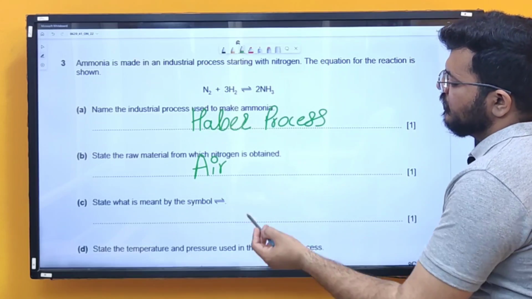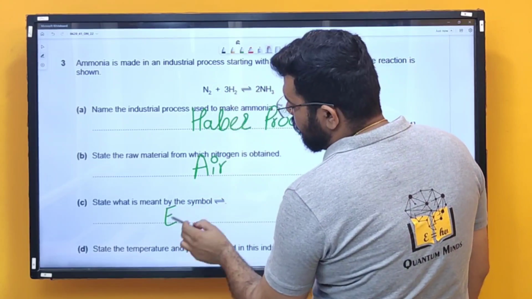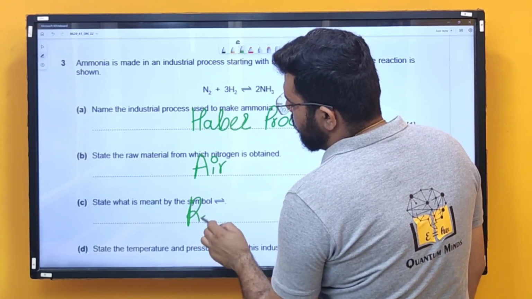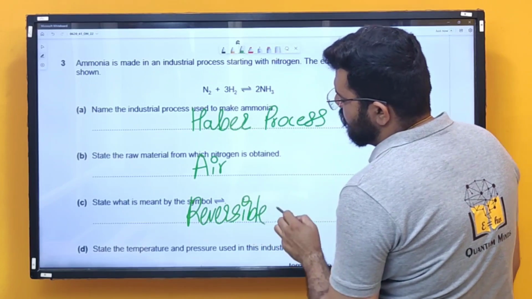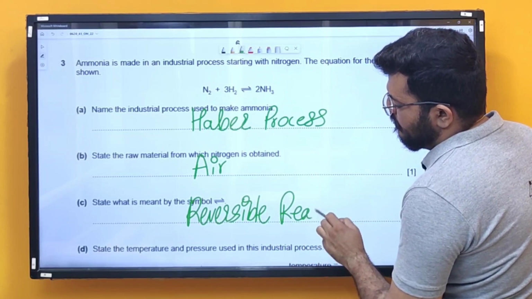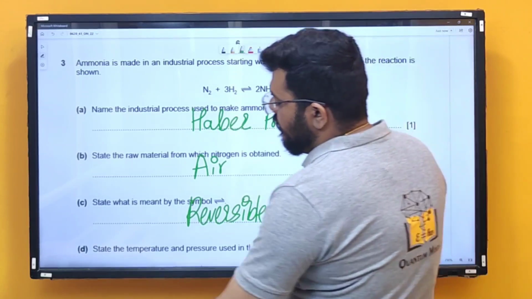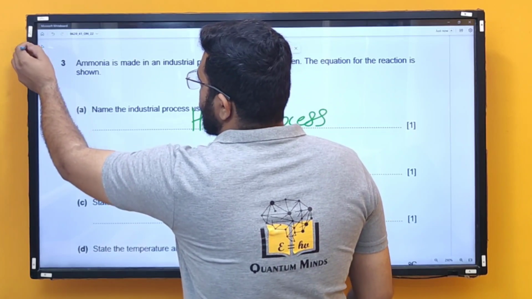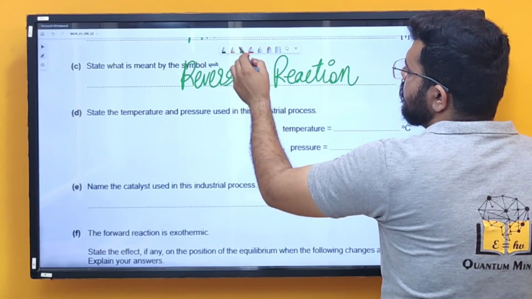State what is meant by the symbol: double arrows. Reversible reaction. Then state the temperature and pressure used in this industrial process.